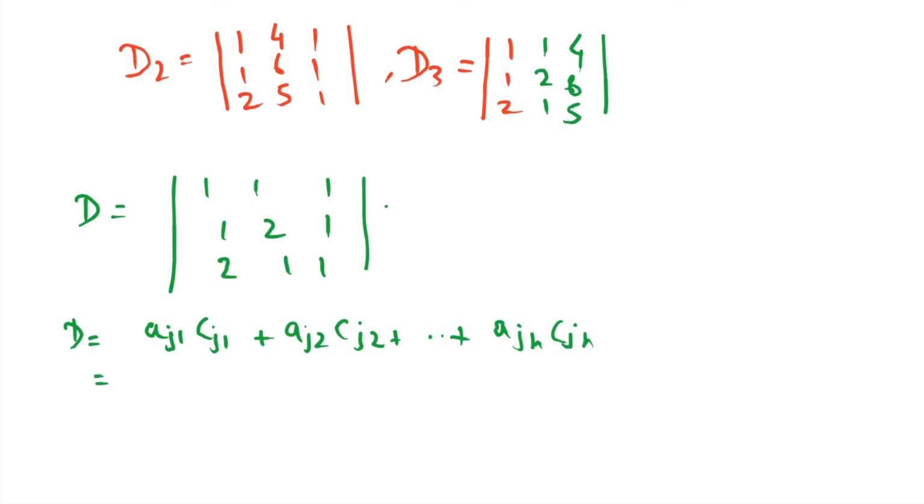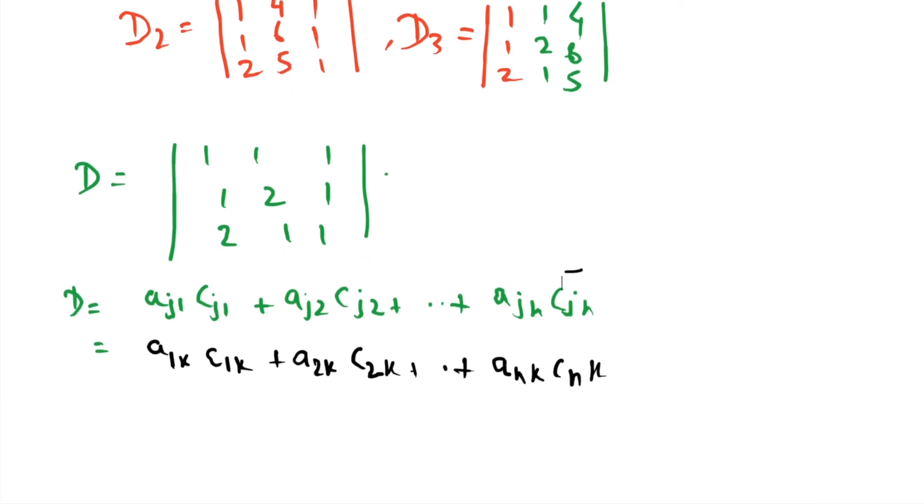And you can also expand a determinant along any column k. If you do so, the answer would be a1k times c1k plus a2k times c2k plus and so on, plus ank times cnk, where c is nothing but the cofactor here.